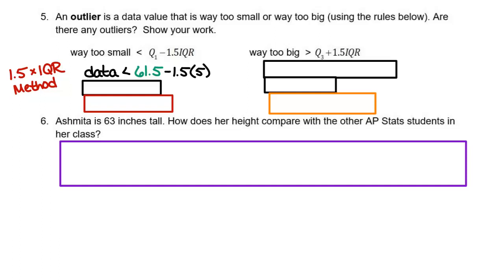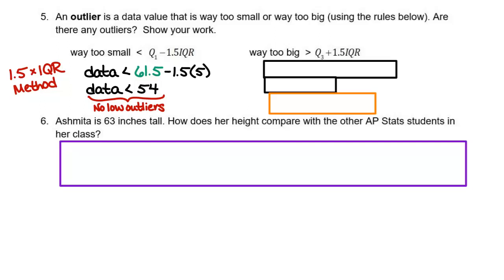What'd you come up with? What is 61.5 minus 7.5? 54. Did we have any data values that were smaller than 54? No, so that matched what we saw visually. We don't have any data values smaller than 54, so there's no low outliers.